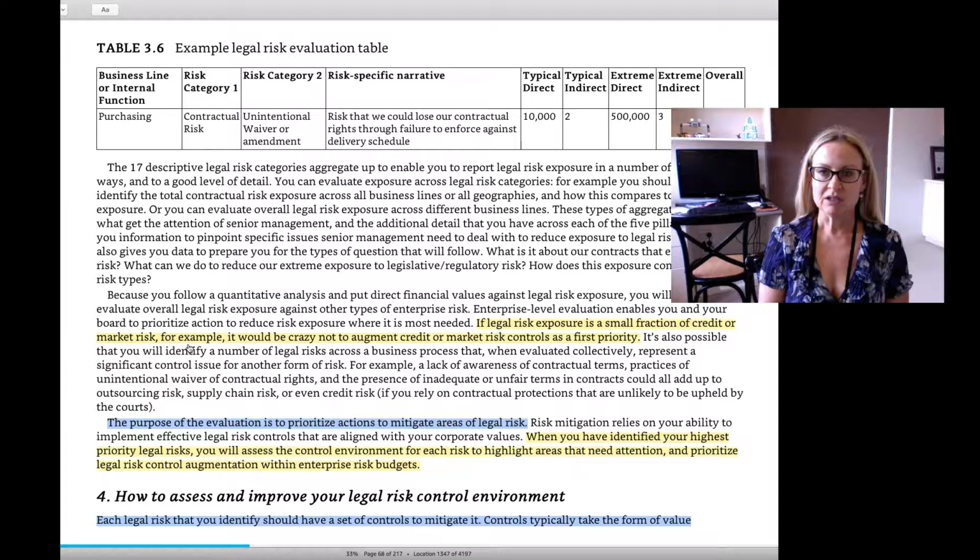Typically, the indirect forms of losses, customer service, reputation, and so on, would be an impact of 2 out of 4. If this was a really extreme case, you might find that we lost $500 million, and the reputational and other indirect losses would be a rating of 3.